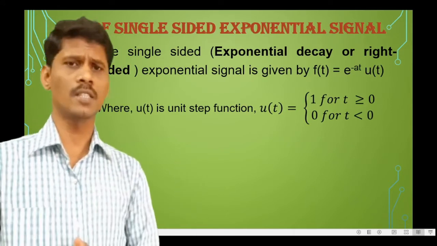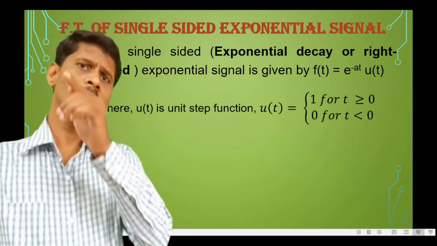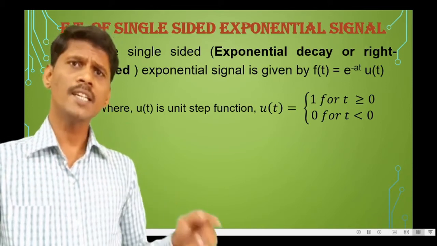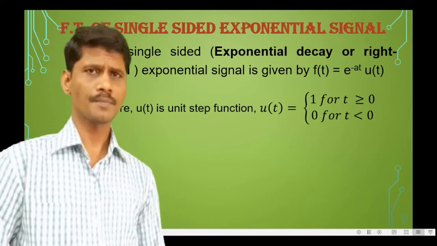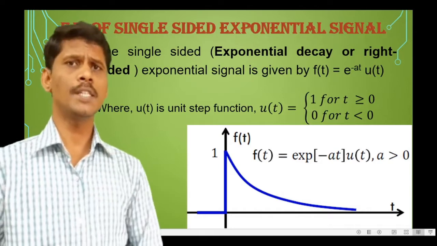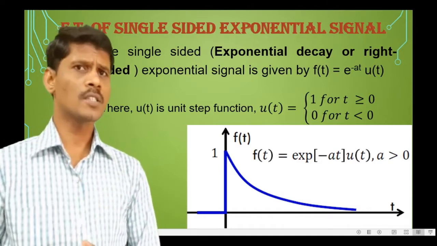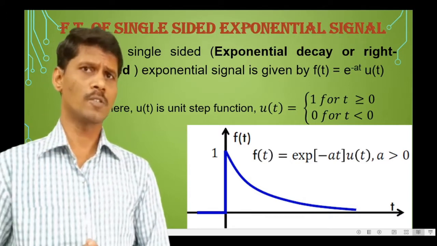That is a right-sided signal. So e power minus at u of t is an exponentially decaying, right-sided exponential signal, and this is its graphical representation. This definition is already discussed in the first unit.